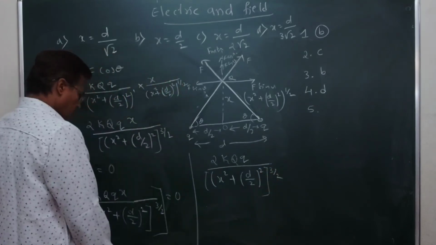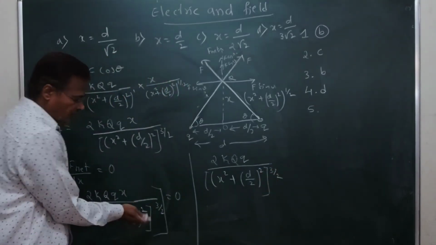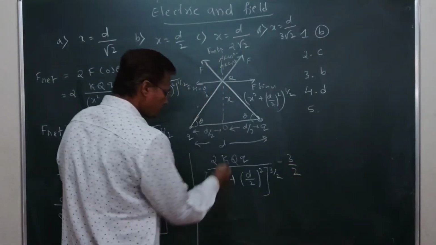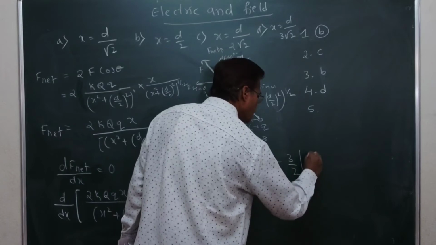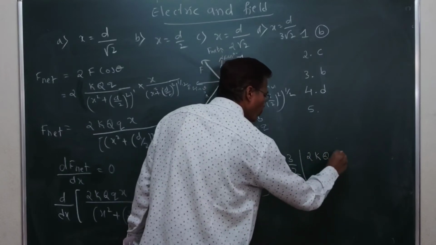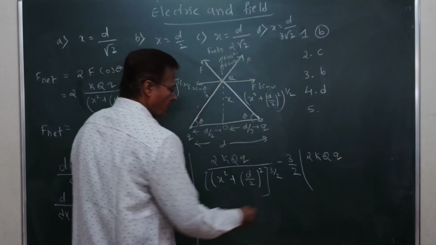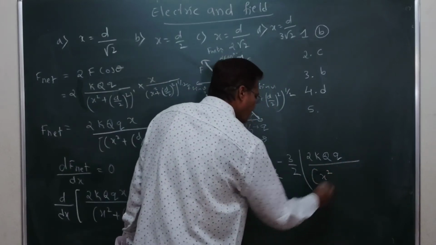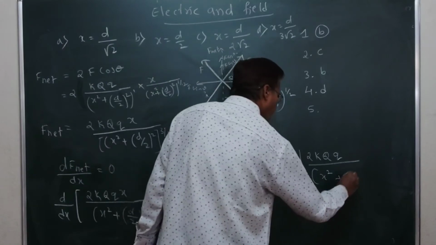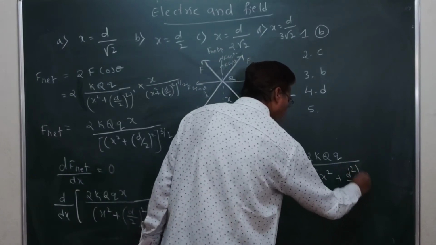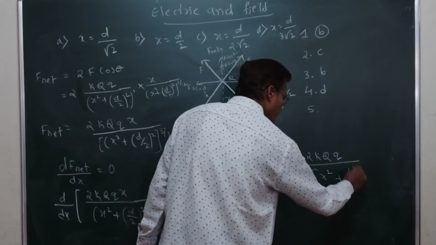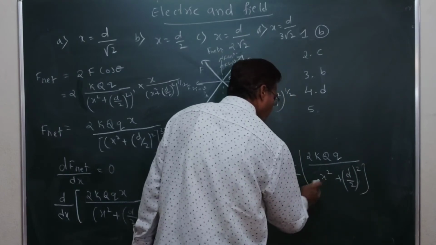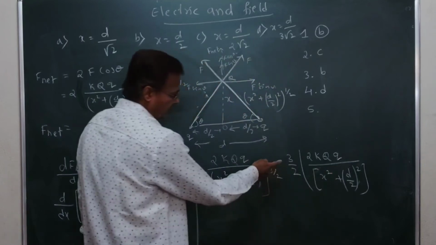Again we have to differentiate the lower part. The power comes down, so that is minus 3 by 2. This part is as it is, 2kq small q divided by x square plus d by 2 whole square to the power of 3 by 2.